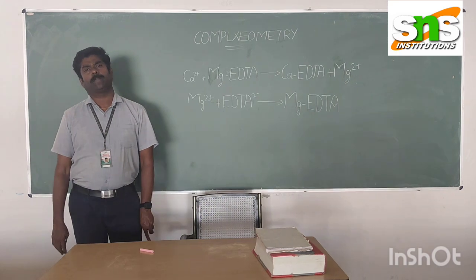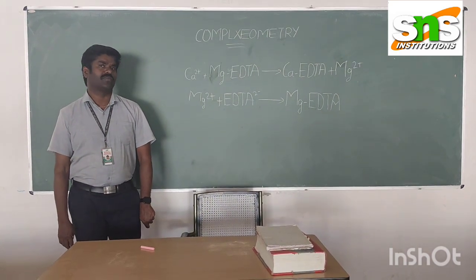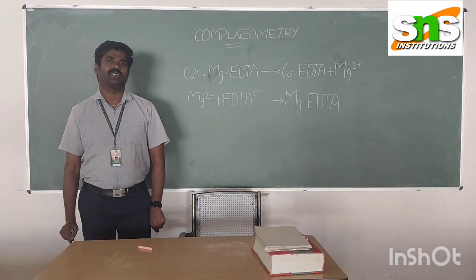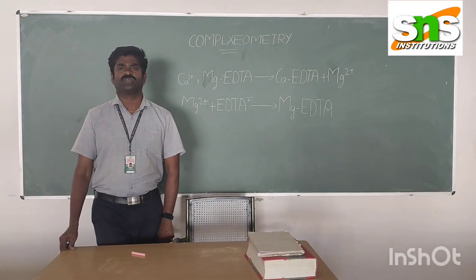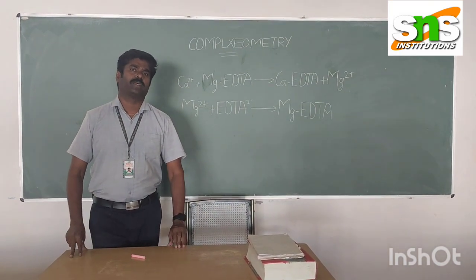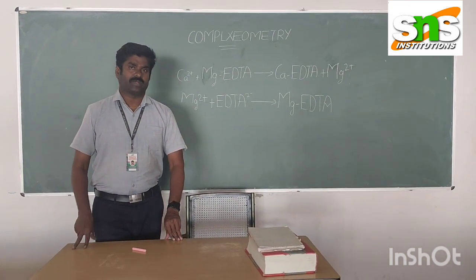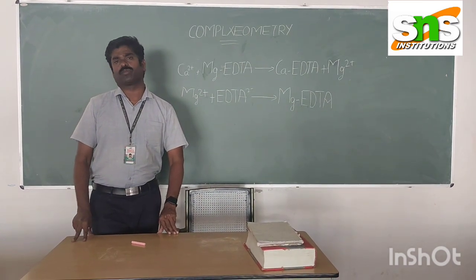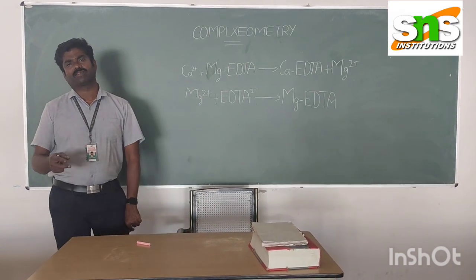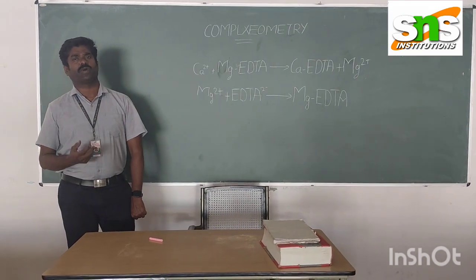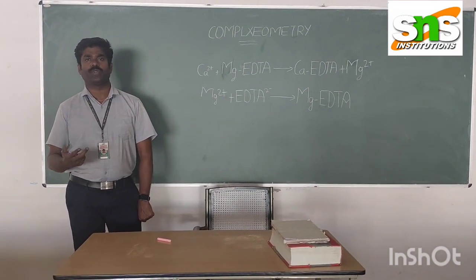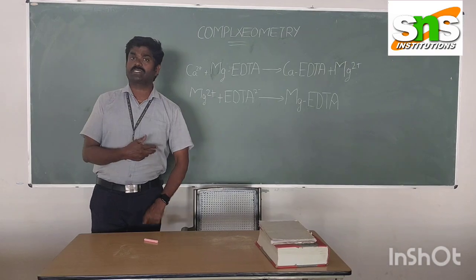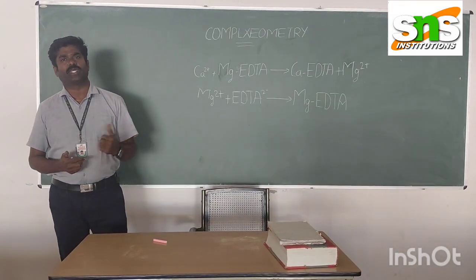Here, normally we use disodium EDTA as the titrant. If you take a sample of a metallic salt like magnesium sulfate, copper sulfate, or calcium carbonate, for example, if we need to find the calcium carbonate assay or purity, this complexometric technique is very suitable.